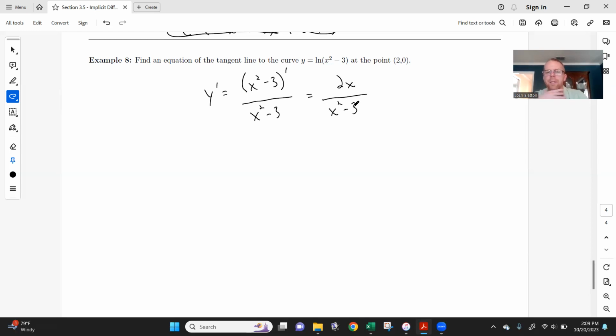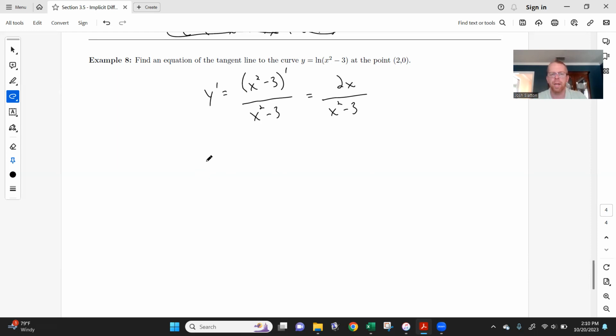Don't get this one mixed up with the quotient rule and want to square that. You're not squaring it because it's not in the denominator to begin with. So you don't have a quotient here. You have the derivative over the original function, and you're simplifying that. Just be careful of that because it can be easy to see it on the bottom and think, I have to square it.